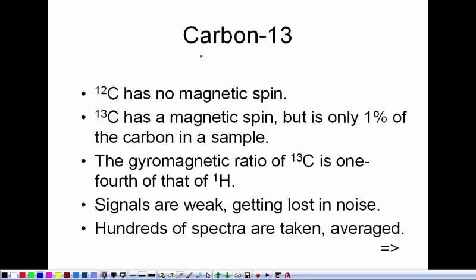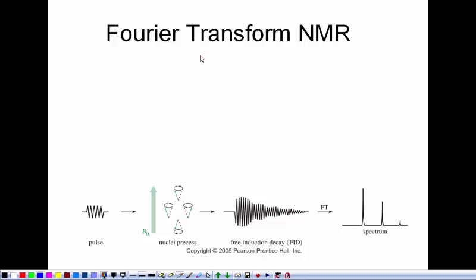If we could tell how many carbons were attached to each other, that's a carbon with two other carbons attached to it, but we can get that information other ways. So carbon-carbon coupling doesn't occur, although there are some tricky experiments you can do to get this information.